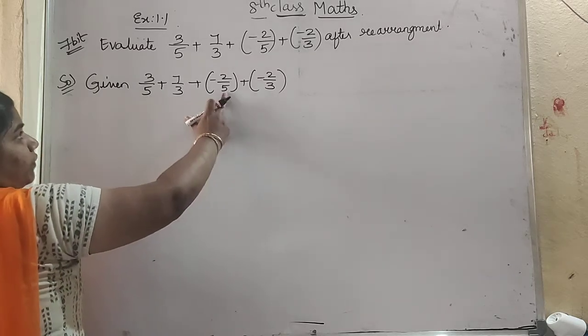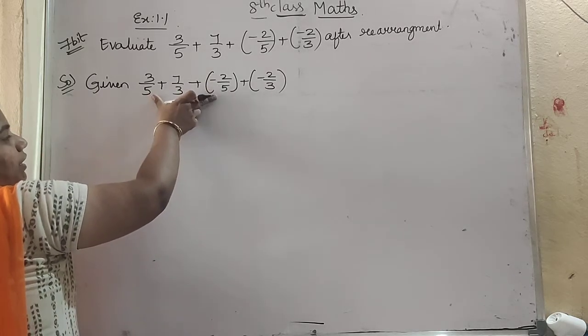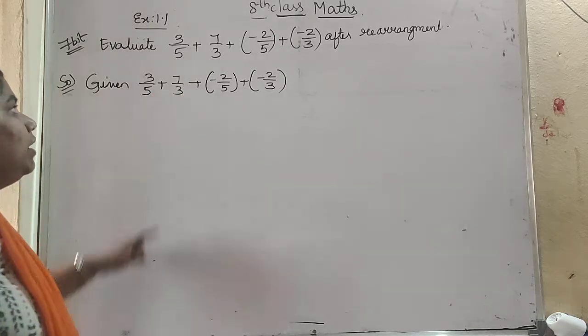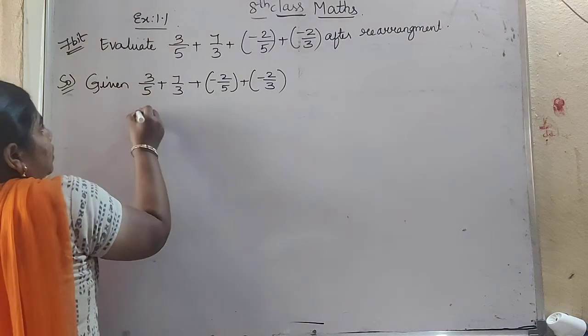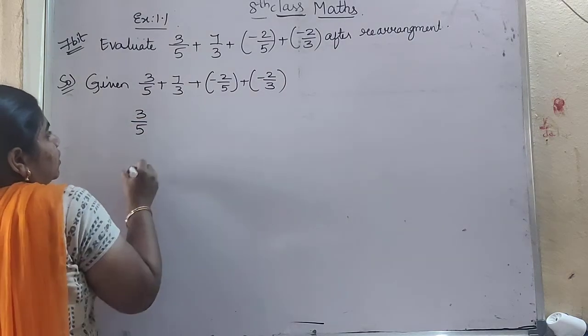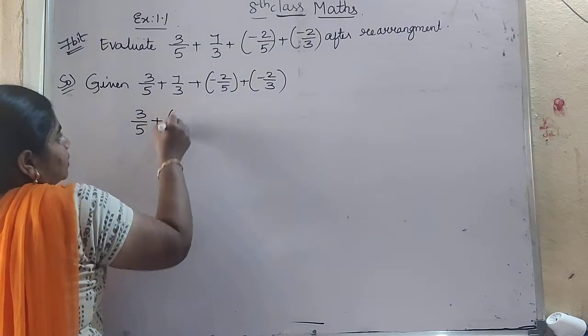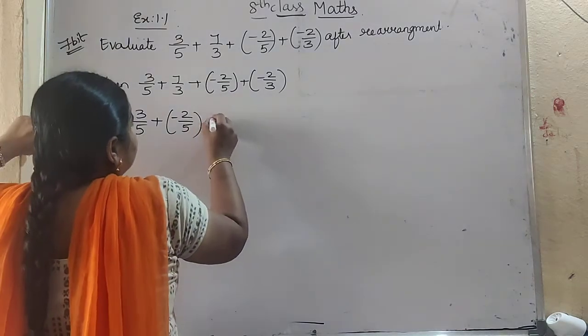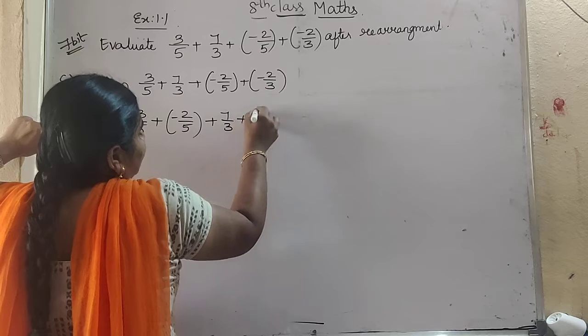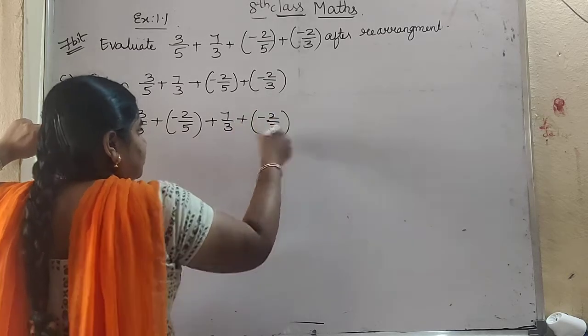Here 5, here also 5. So these two terms I am writing together, and these two terms I am writing together. So I am rearranging in this way: 3 by 5 plus of minus 2 by 5, and these two terms together, plus 7 by 3 plus of minus 2 by 3.